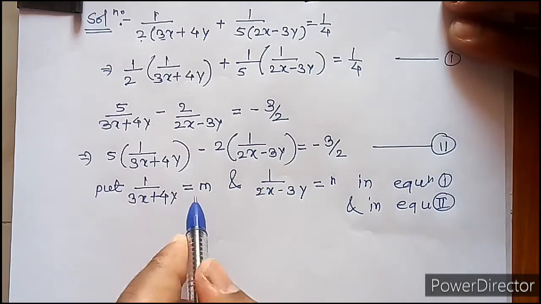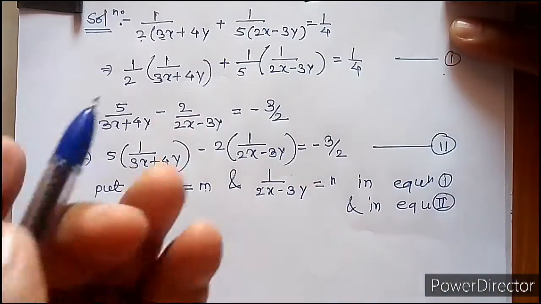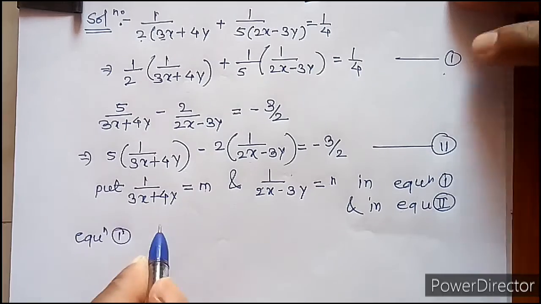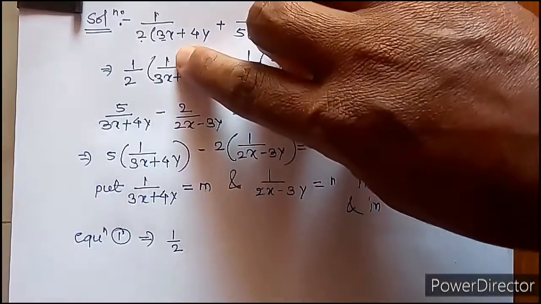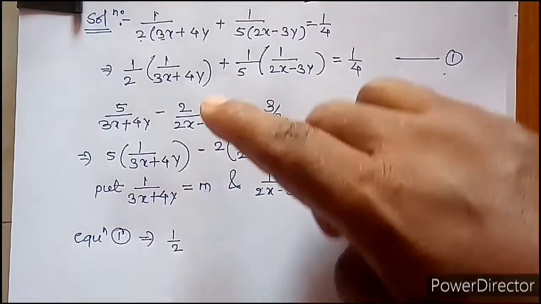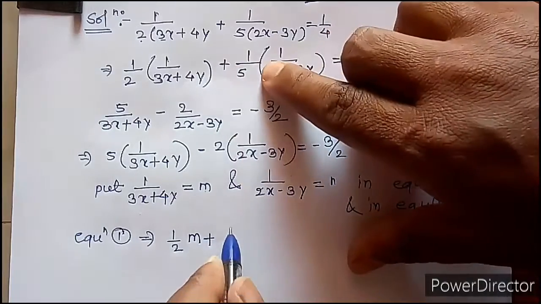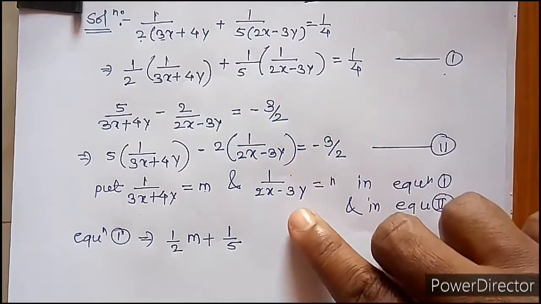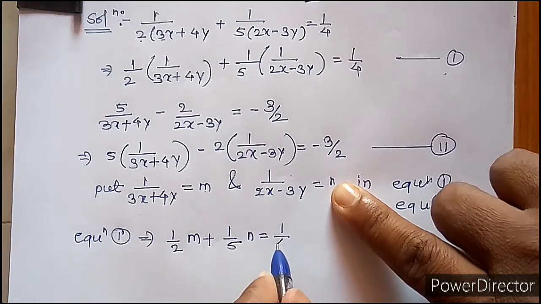Then equation 1 becomes: 1 by 2 as it is, the value of 1 by (3x + 4y) is m, so put m here, plus as it is 1 by 5, the value of 1 by (2x - 3y) is n, so put n here, equals 1 by 4.